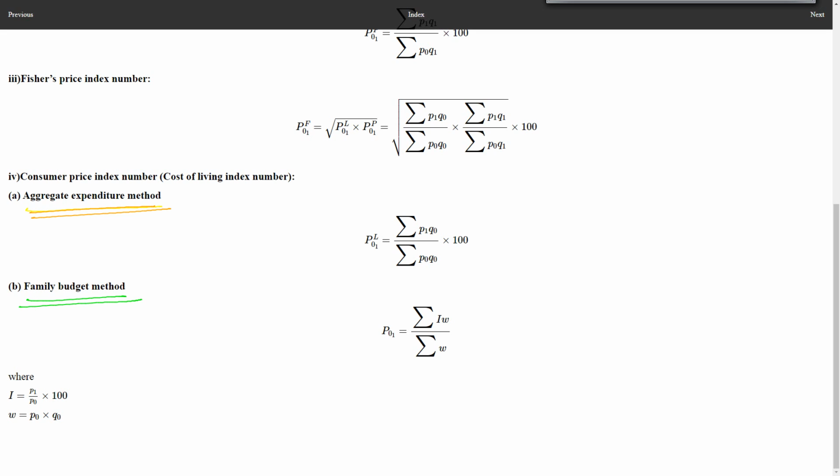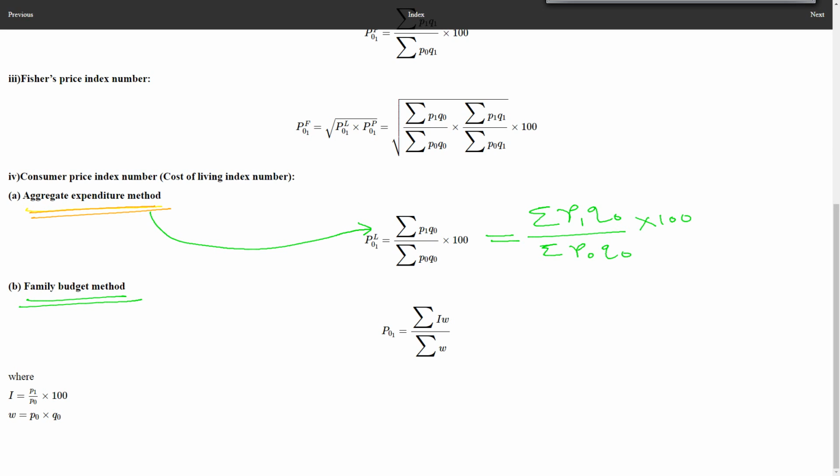In the aggregate expenditure method, consumer price index number is nothing but Laspeyres price index number. So again, there is no need to remember this formula. It is P01L, which is equal to summation P1Q0 upon summation P0Q0 into 100.